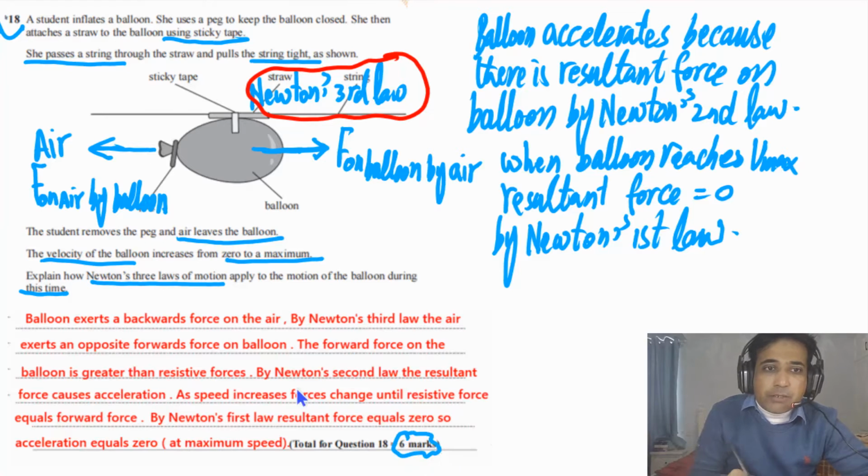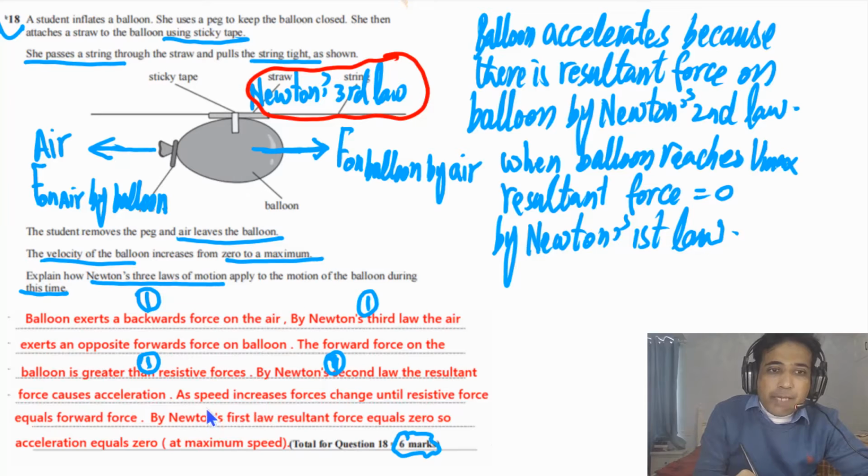So you have to write down 6 points. If you have written the first one, you will get 1 mark, and then there is a second one. If you have written the second point, you will get another mark. The forward force on the balloon is greater than resistive forces, you will get another mark. By Newton's second law, the resultant force causes acceleration, so you will get the fourth mark.